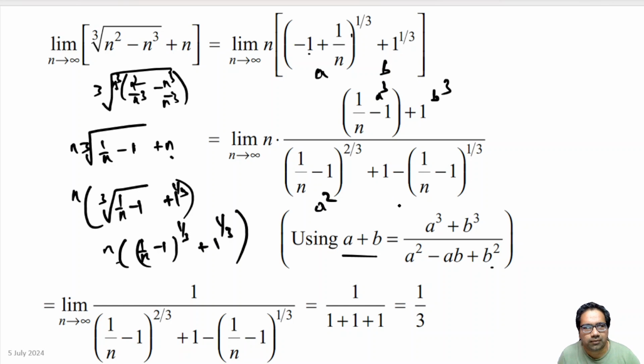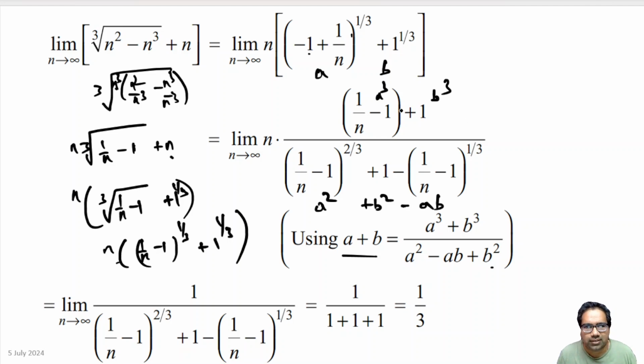And what is our minus ab? Minus ab is (1 by n minus 1) into 1. This is our minus ab plus b square, and b square is nothing but 1. Now if we can see, we converted everything to this 1 by n format.